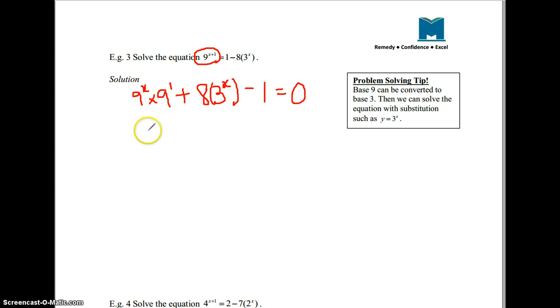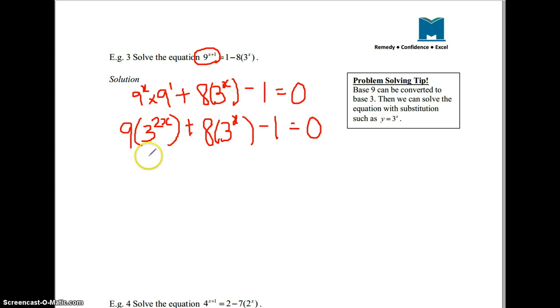If you were to look at this, I can actually express it as 3 to the power of 2x, correct? Because 9 is 3 to the power of 2, multiplied by 9, plus 8, this one I'll just write down as per norm. Now this is the part where you have to learn.